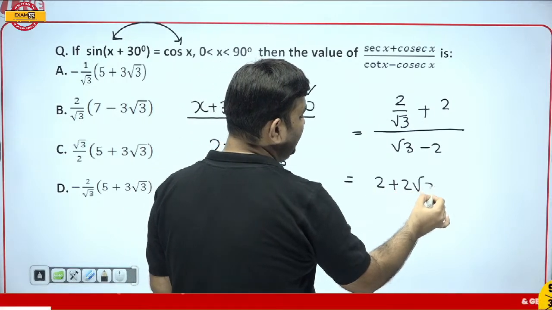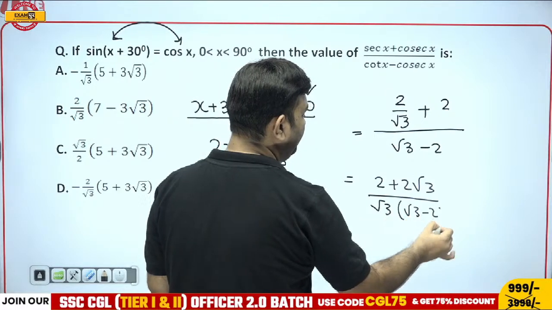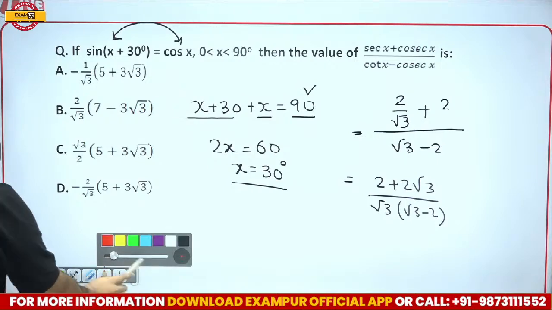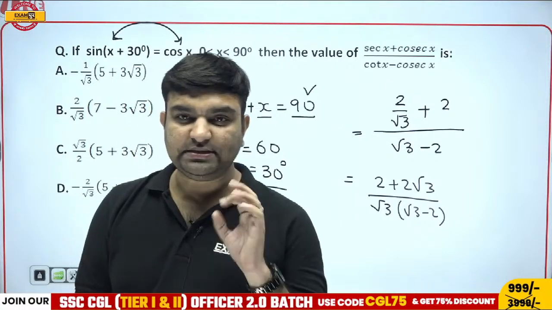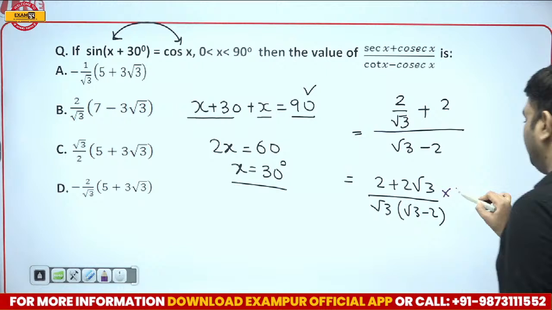Two plus 2 root 3 divided by root 3. Root 3 minus 2. Is it in the options? No. So rationalize it. If this is not in the options, then rationalize it by root 3 plus 2.